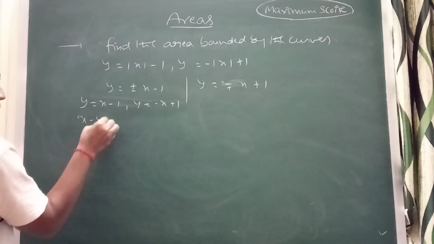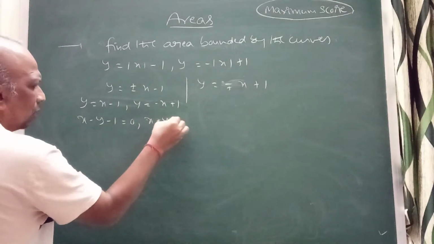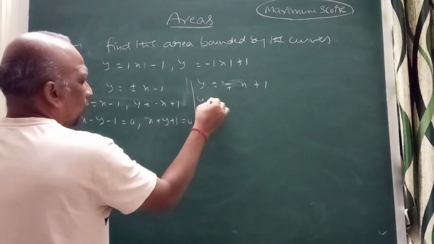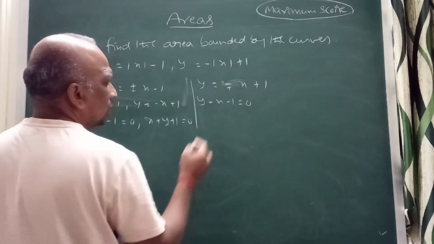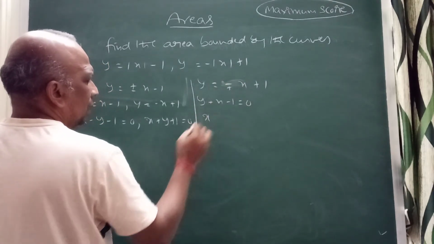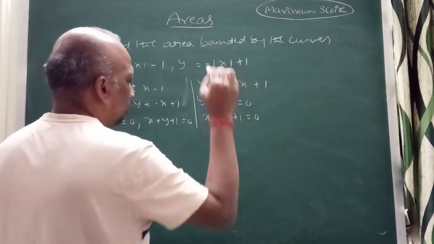We transfer: x minus y minus 1 equal to 0, x plus y plus 1 equal to 0. From the other equation, y plus x minus 1, I can transfer to one side, equal to 0, and the equation I will get is x minus y plus 1 equal to 0.